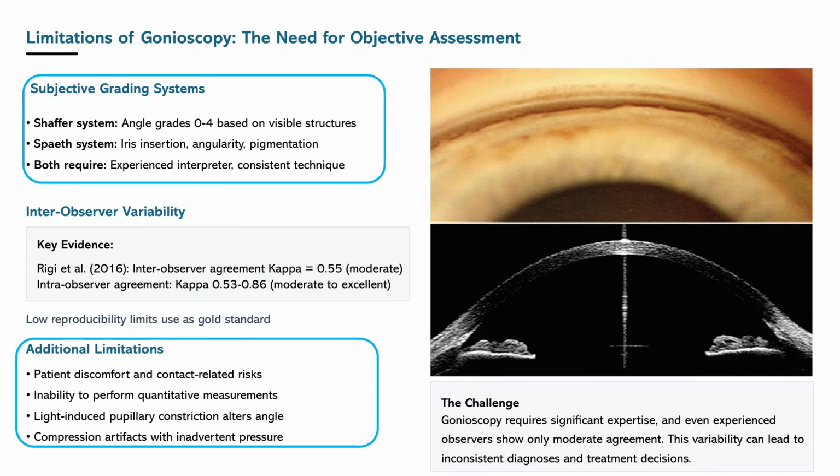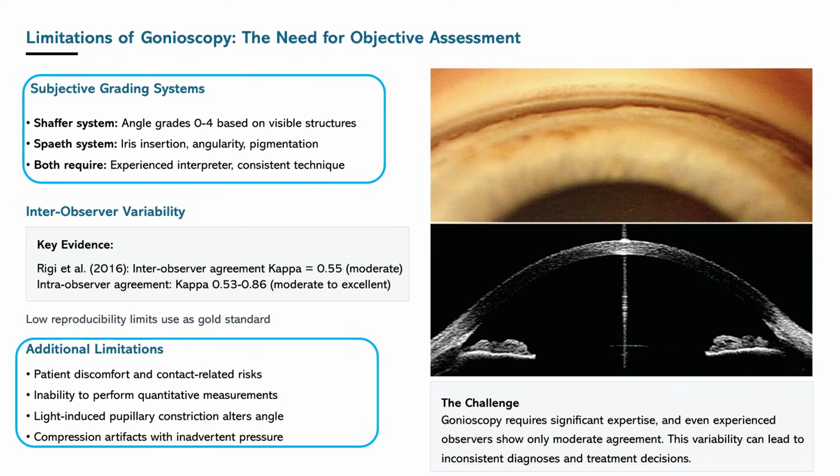But before that, let me give you some limitations of gonioscopy, which was available before the advent of anterior segment OCT. Gonioscopy is mainly dependent on the experience and expertise of the examiner, and you need a long learning curve to be able to determine the different structures. Also, there is a huge inter-observer variability, reaching between 50% and 80% between doctors.